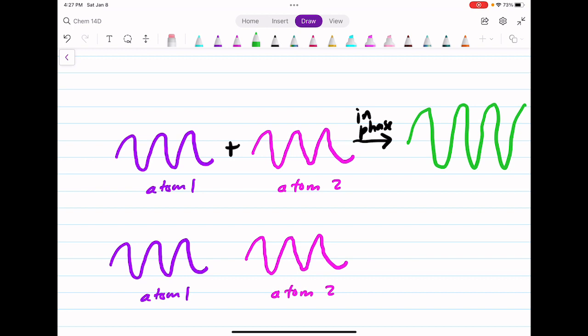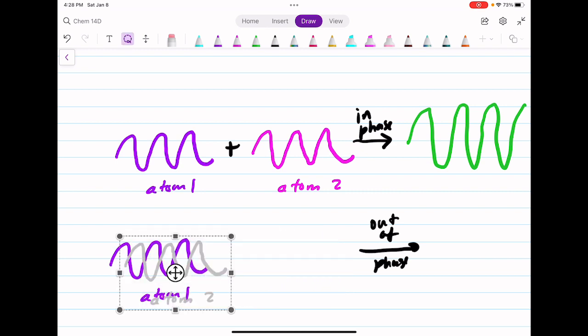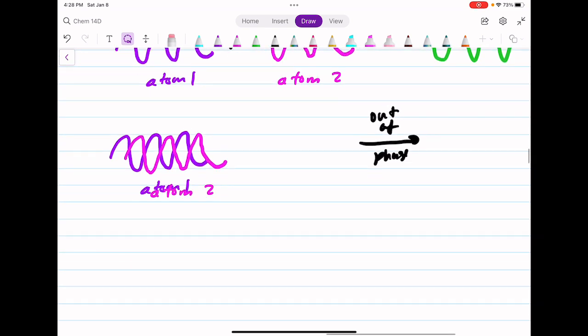If I combine these two waves out of phase, which when looking at a wave visually would be the equivalent of me overlapping them like this, and I actually sum these, if you consider this to sort of be your 0 point, if I sum this value here with this one here, I'm going to end up here.